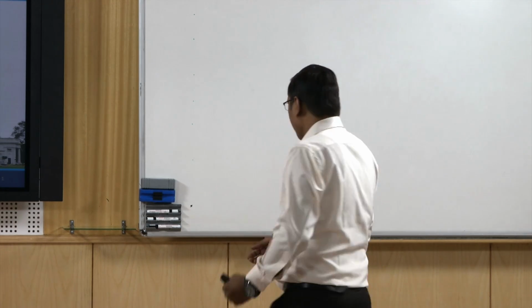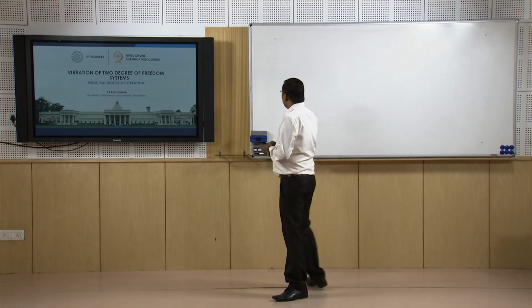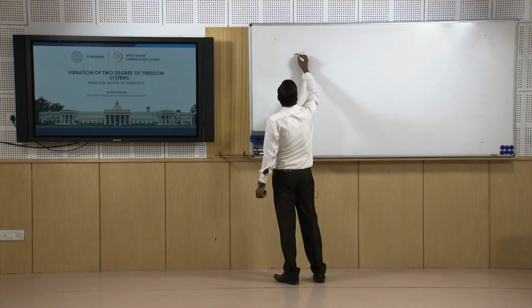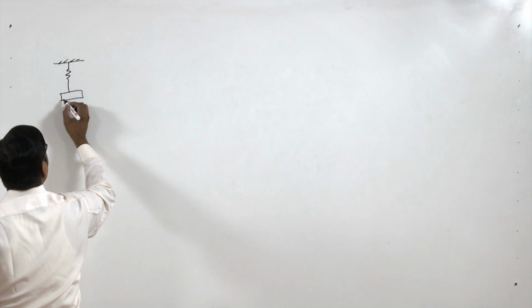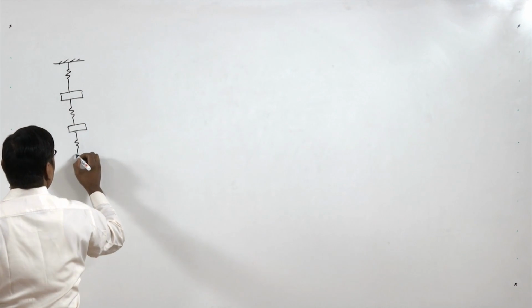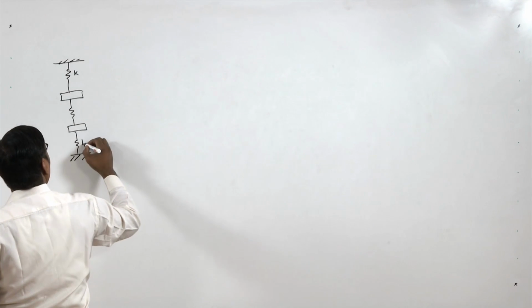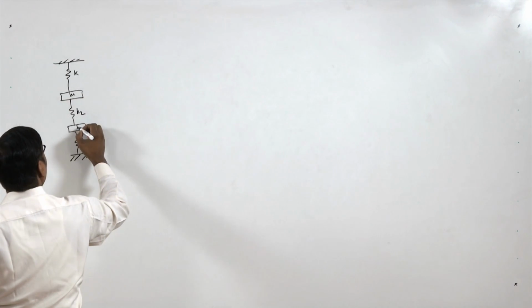So, we had this system: this is a spring, this is a mass, and this is a spring. This is k, this is k, this is k2, and this is m, this is m.